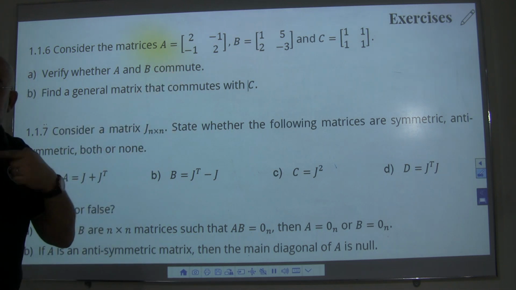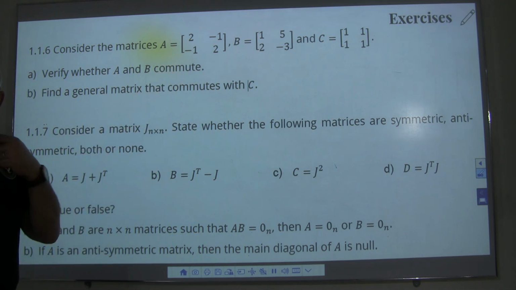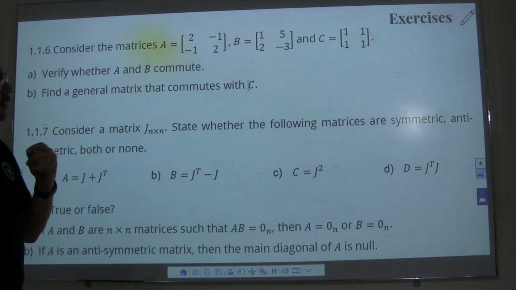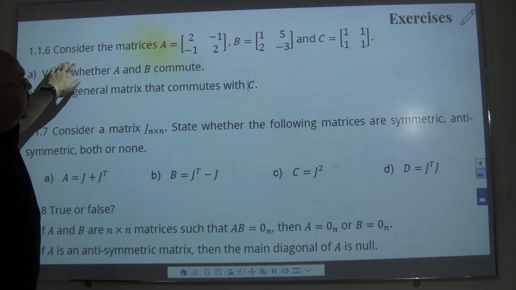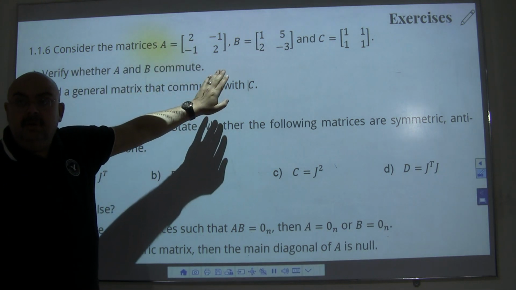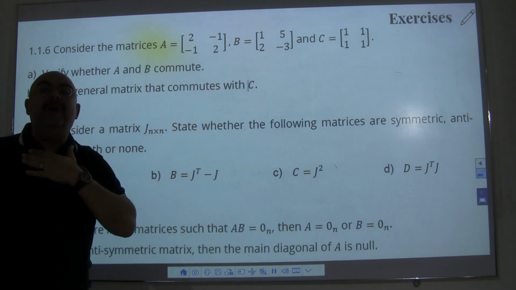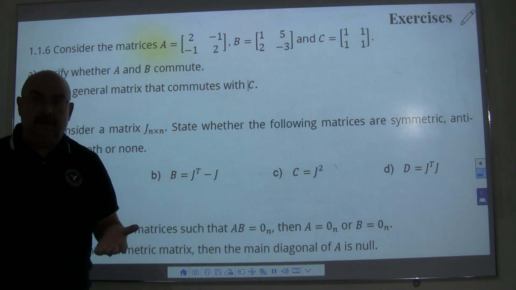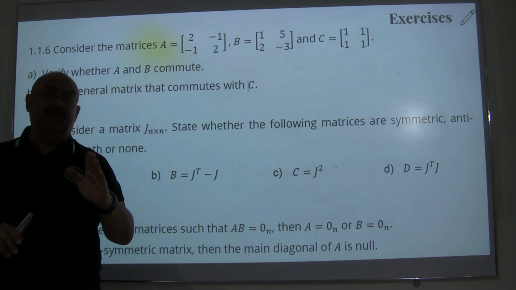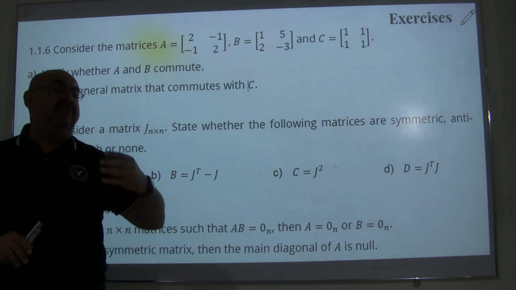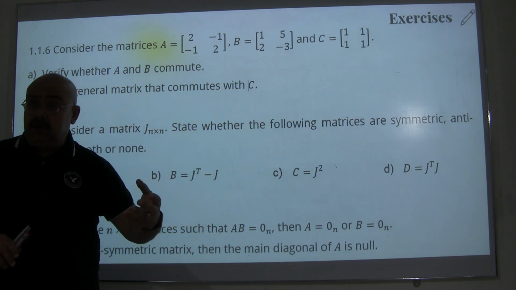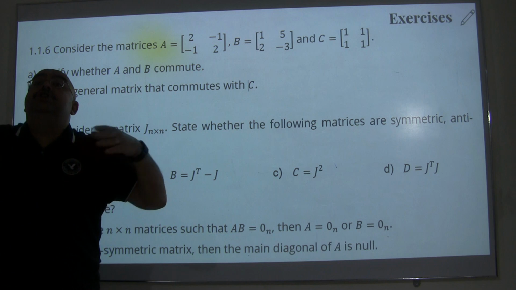Guys, do you understand what I'm saying? Here it says consider the matrices, it gives you A and B and C. It wants you to show or prove that, although with matrices in general A times B doesn't equal B times A even if the multiplication is possible, they are not going to equal each other in general.